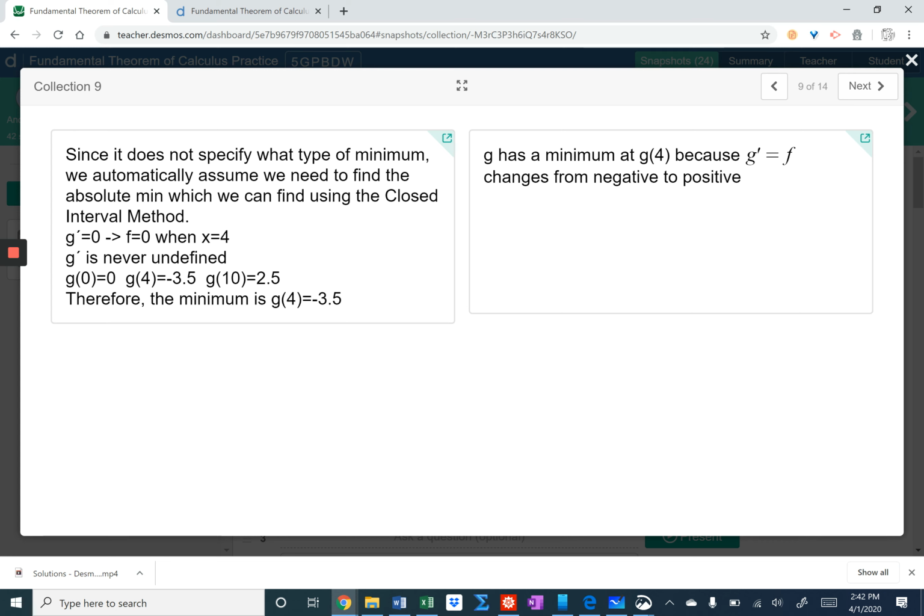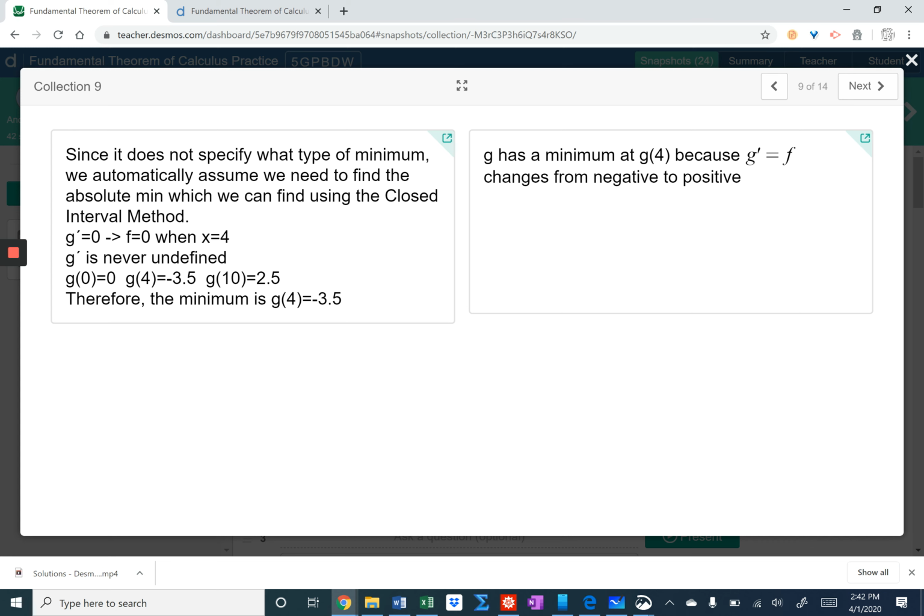Now, if you look at the second example, unfortunately, this one is not correct, because this is justification for a relative or local minimum. Yes, because g prime, which is f, changes from negative to positive, we'll have a local or relative minimum at x equals 4.